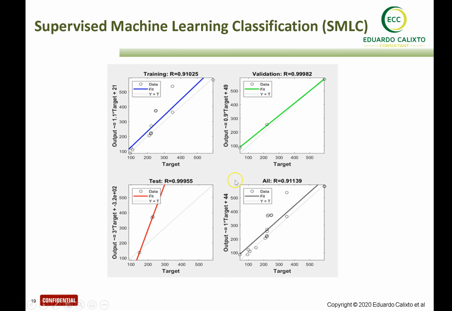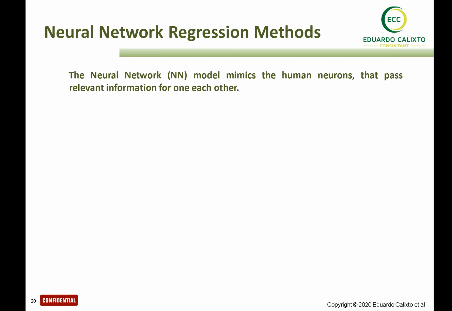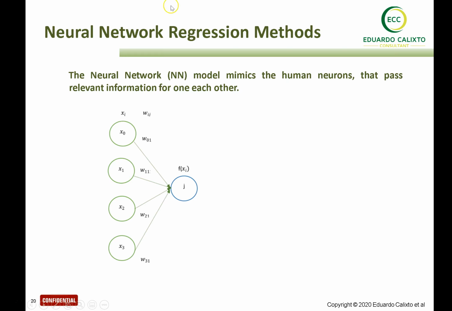Then we can use this equation that makes the relation between the outputs and the targets to find out our method. When we use a neural network for regression, we have the same concept as we have in a general neural network. So we have input neurons, hidden layers and output layers.